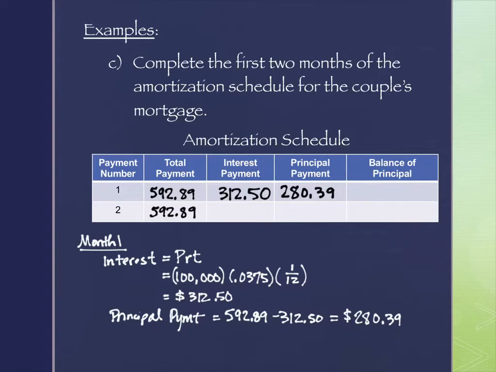So our balance is that $100,000 that we started with, minus the principal payment that we made from line 2 here, $280.39. And if you calculate that, what do you get?